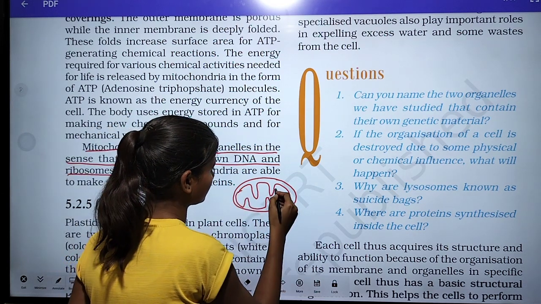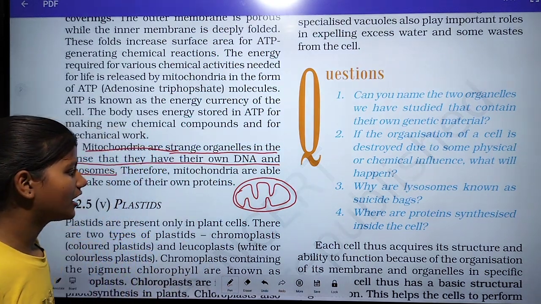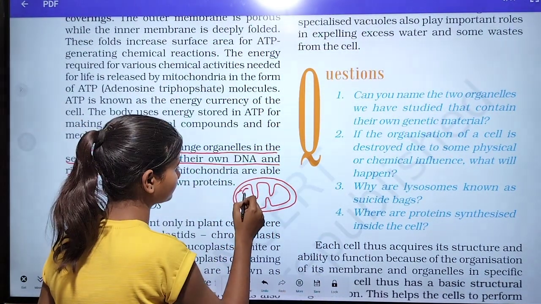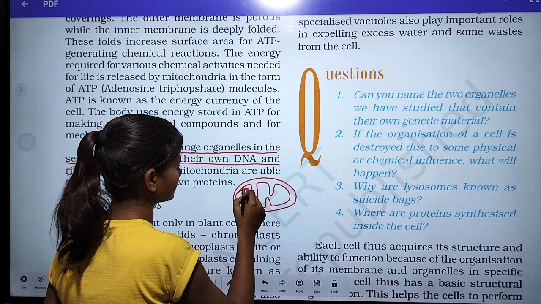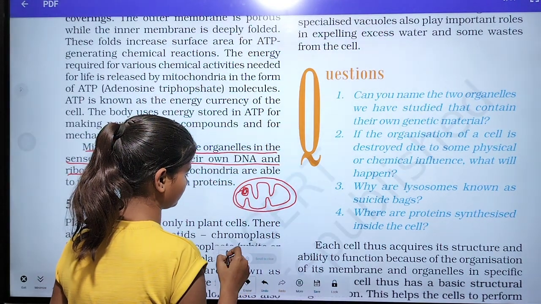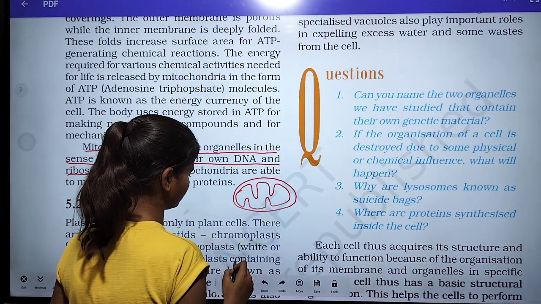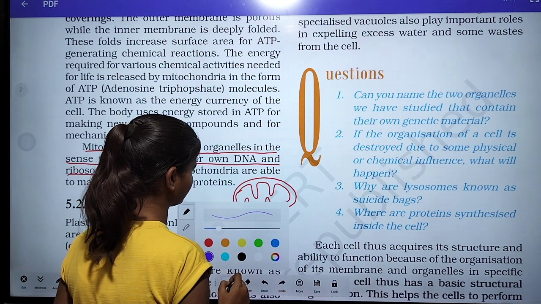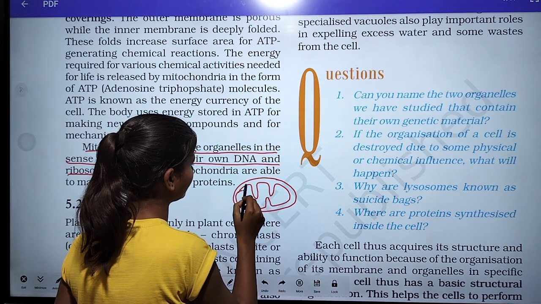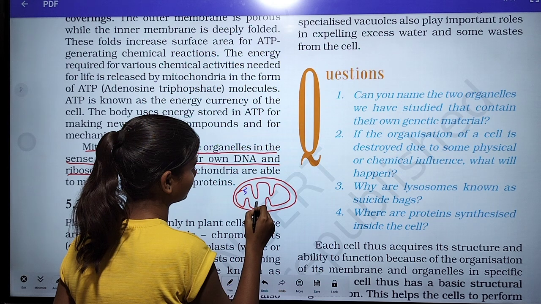Suppose that this one is the structure, and mitochondria have their own DNA. Suppose that this one is DNA. They have their own DNA and ribosome also.